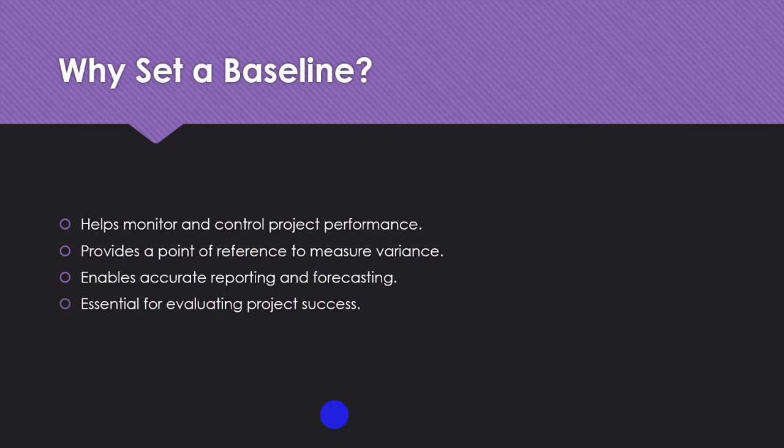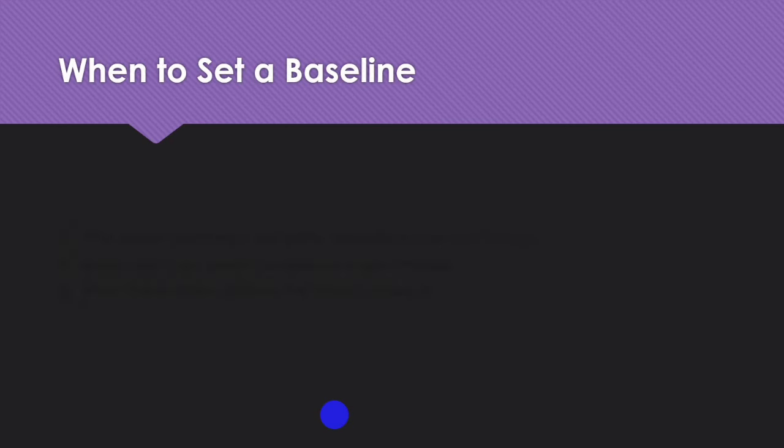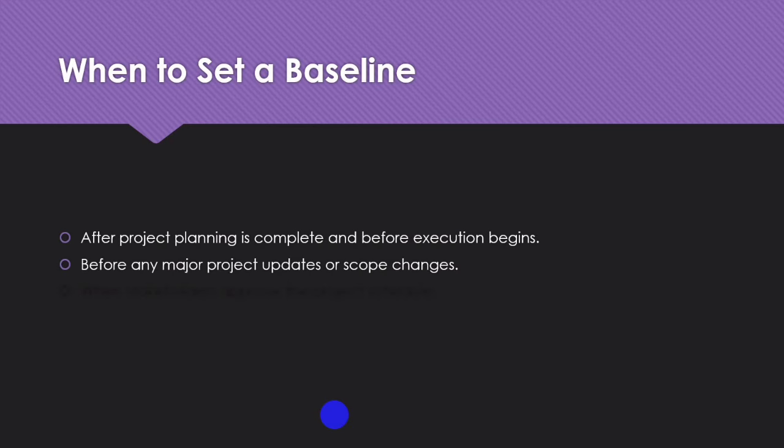So, we'll be looking at when to set a baseline. In setting a baseline, timing matters. You should always set a baseline once the project plan is fully developed and approved. This means after you have completed task planning, resource allocation, and stakeholder review.